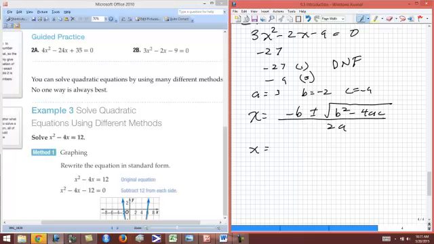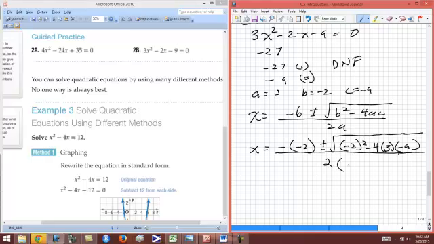Okay, so put the negative sign, open parenthesis, negative 2 in parenthesis, plus or minus the square root of, open parenthesis, negative 2 squared, minus 4 times A, which is 3, and C, which is negative 9, extend that 9 a little, all over 2 times 3.